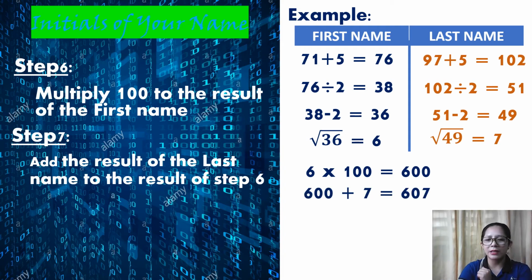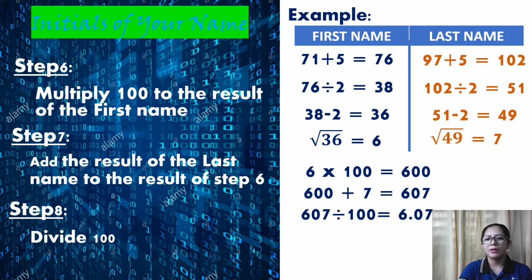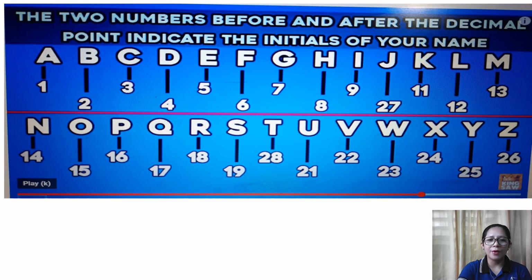So that is 600 plus 7. So 607. And lastly, divide it by 100. So my final answer now is 6.07. Okay, so our final answer is 6.07.